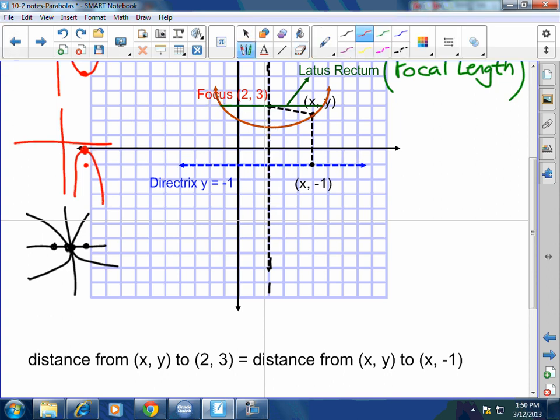What we're saying is that the distance from any point on the parabola to the focus (2, 3) must be equal to the distance from that same point XY to a point on the directrix x = -1. Does that part at least make sense? Guys? Okay. So now let's prove it.